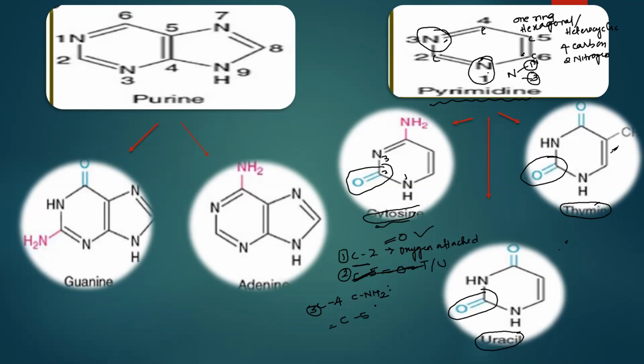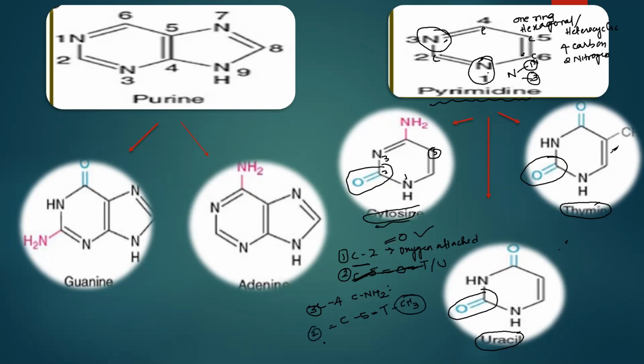If you see in cytosine, the 5 position, nothing is present there. In uracil also it is not present. But if you talk about the thymine, you have CH3 there. Okay, so this is your second point.